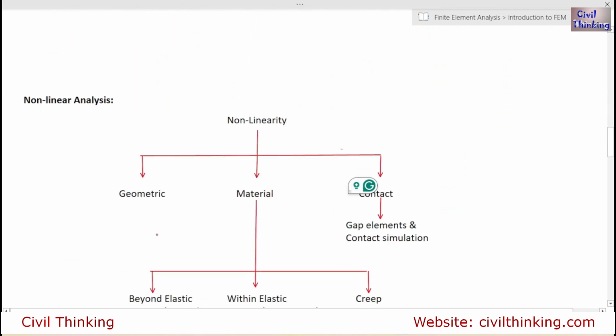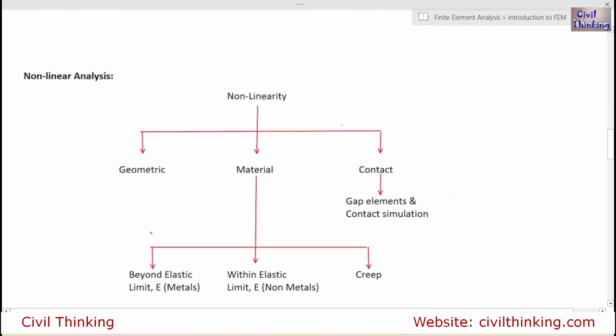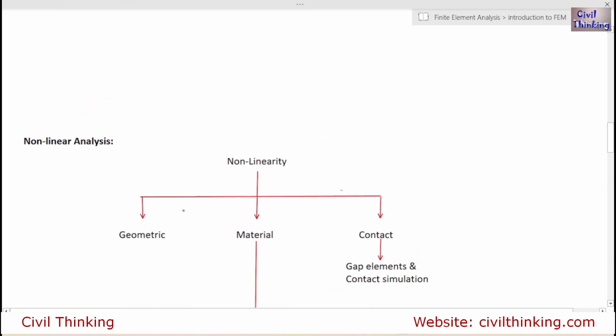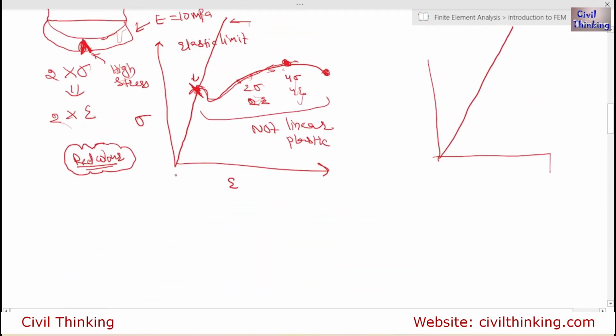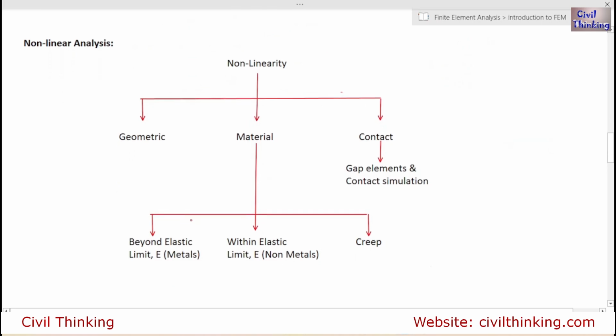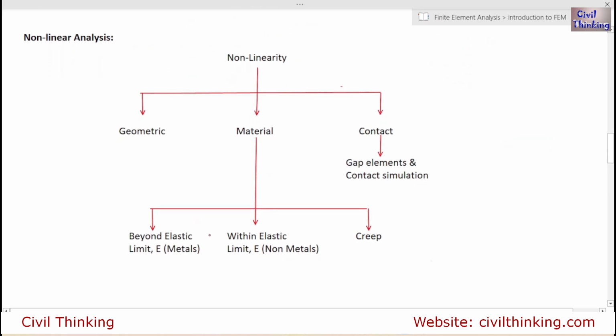Now let's move on to non-linear analysis. After the linear region comes the plastic region, and this is non-linear analysis. So now let us see different scenarios of non-linearity.